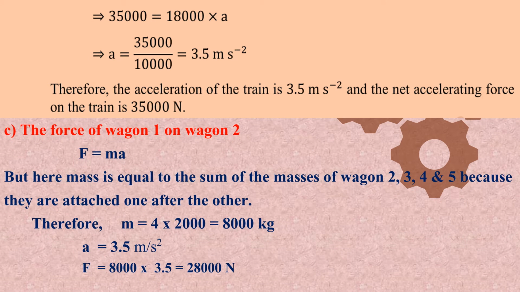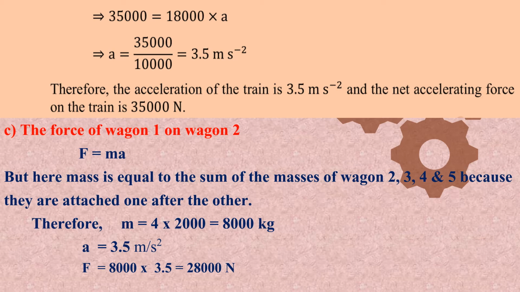And the last part of this question is the force of wagon 1 on wagon 2. So when we find the force exerted by wagon 1 on wagon 2, we have to consider the rest of the wagons which are attached to wagon 2, because here the mass is equal to the sum of the masses of wagon 2, 3, 4 and 5, because these all are attached one after the other.